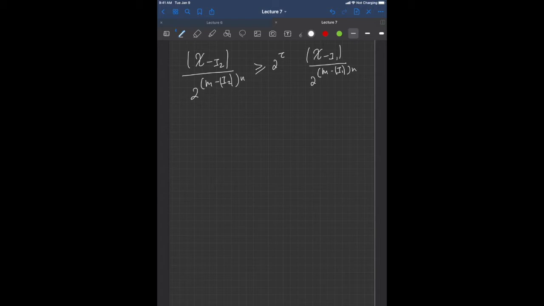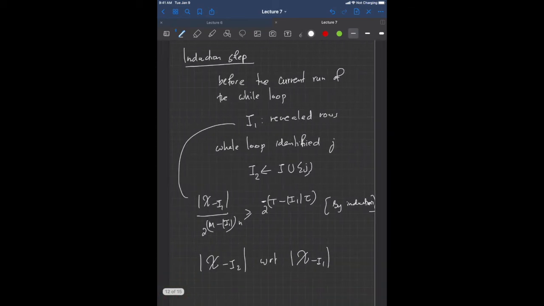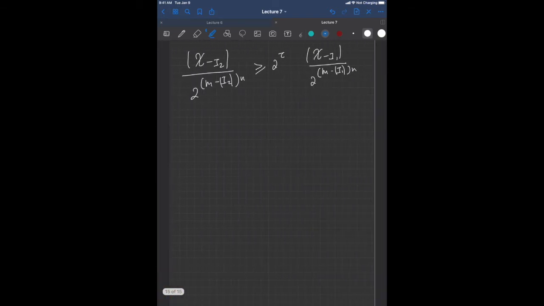But this was the ratio from the last time, right? This is the invariant before the beginning of the while loop. So we know that this quantity is at least this much, just by maintaining the invariant. So we can just plug in that.